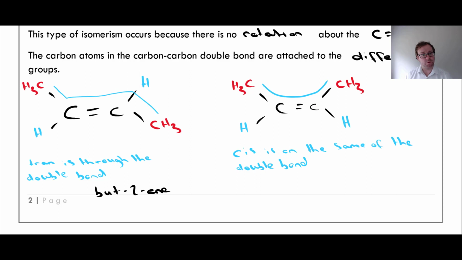And as we said before, the same group is on different sides of the double bond, so I would call this trans-butene. This one, 1, 2, 3, 4, is still butene. However, we would call it cis because the same groups are on the same side of the double bond.